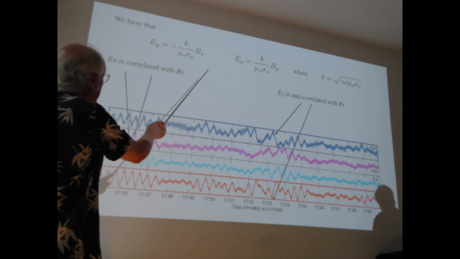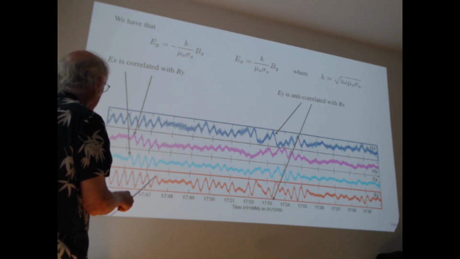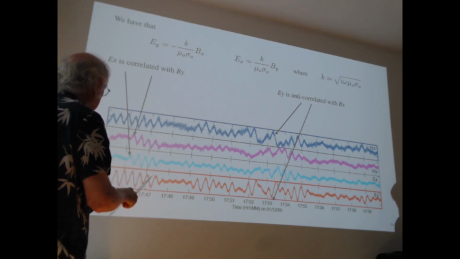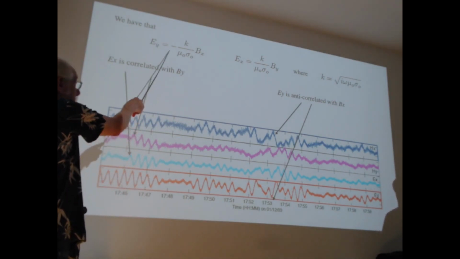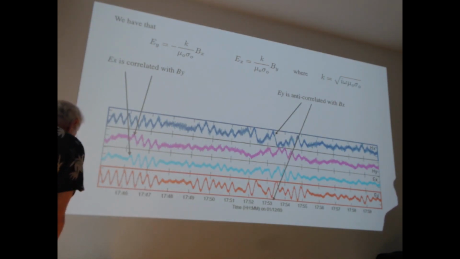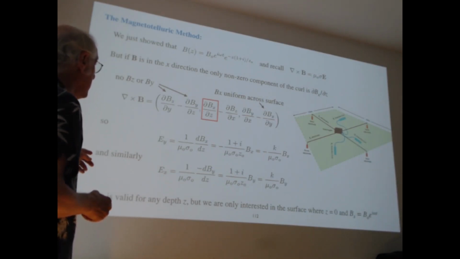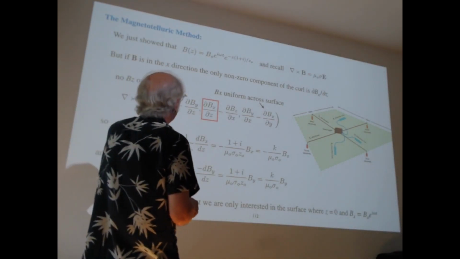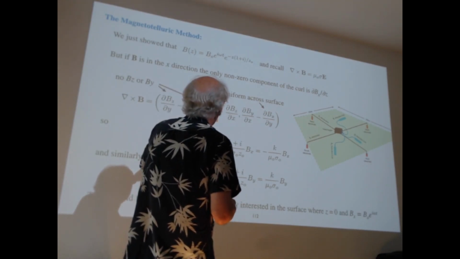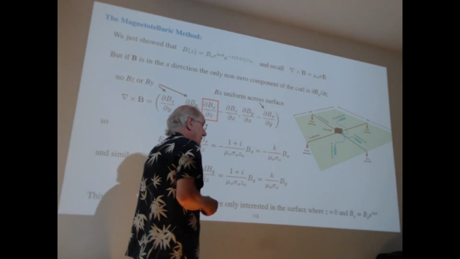But in the y component, which is this one here, when this goes up, this goes down. That minus sign basically comes from the minus sign of the variables.